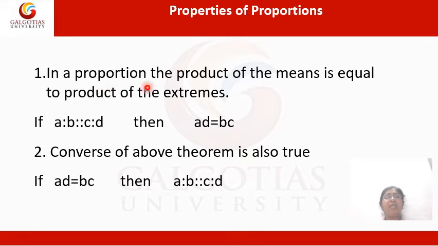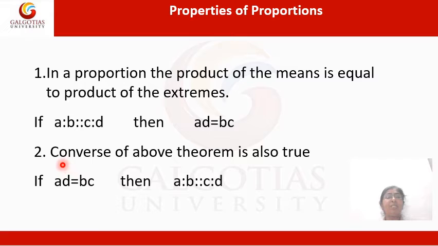Next is properties of proportions. In a proportion, the product of means is equal to the product of extremes. So if I have A is to B proportion C is to D, then AD is equal to BC.